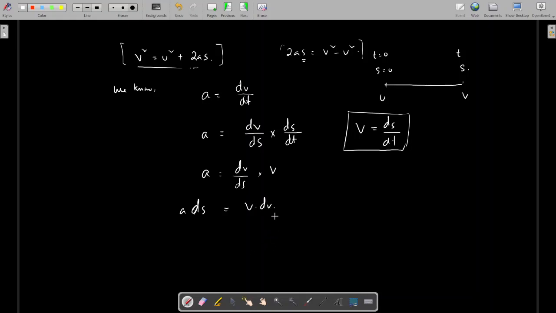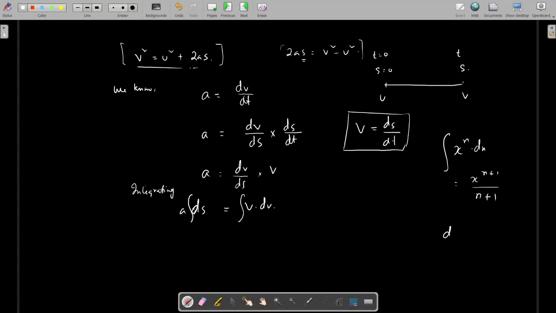Now integrating both sides, what to do? Integrating both sides. Now, as you know the integration formula, what is the formula? The first formula of integration: integral of x to the power n into dx will be equal to x to the power n plus 1 divided by n plus 1, right?